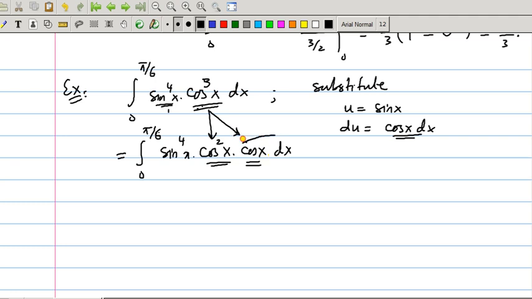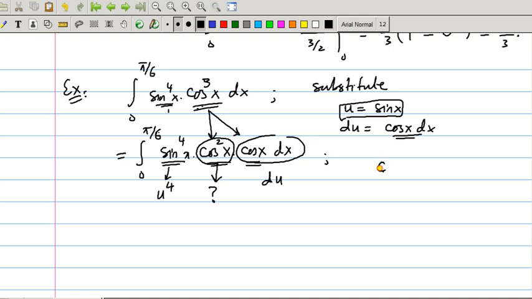So now see, this has become du, but my u is sine x. This becomes u to the power 4. So the cos square x is left. So what should I do with this one? U is sine x. I don't have cos square x.